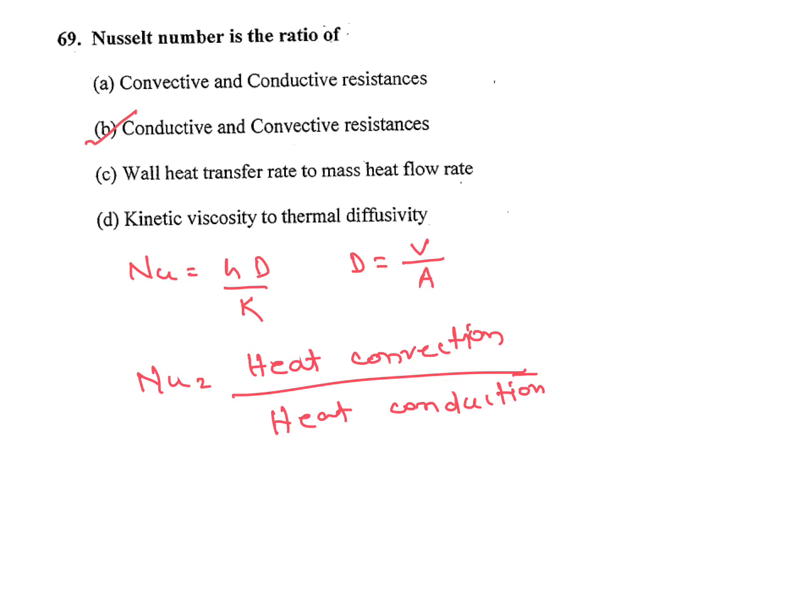Both are important. Heat convection by heat conduction is the same as thermal resistance of conduction by thermal resistance of convection. So in this question, B is the answer: conductive resistance by convective resistance.